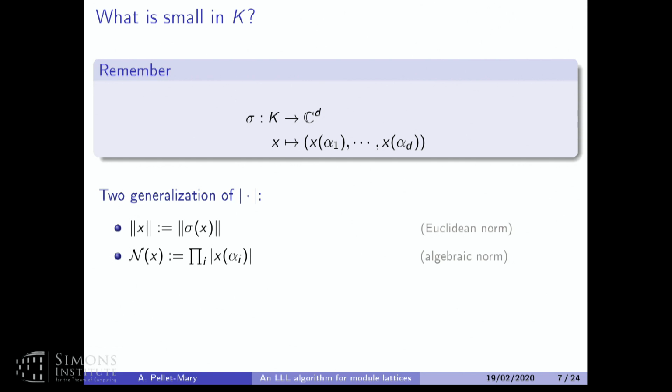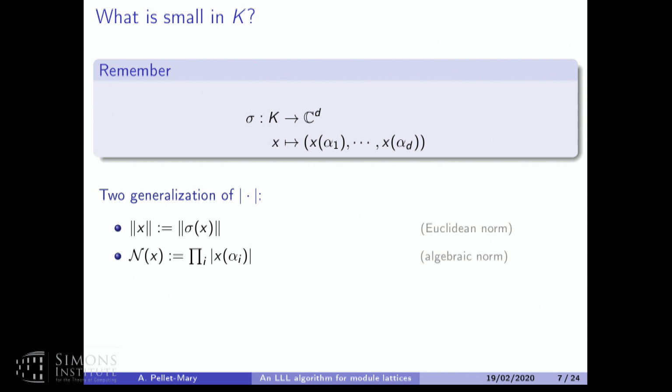The first one is to take the size of an element to be the Euclidean norm of the element when seen as a vector. I'm going to call that the Euclidean norm of the element. And the second one is the algebraic norm, which is simply the product of all the absolute values of all the coordinates of the vector. These two quantities have nice properties, and we are going to need both of them.